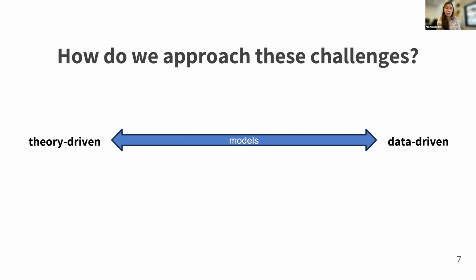In general, I would say that when you build a model to fit to your data, you can rely more on theory, which would be something like solving something purely from first principles, absolutely minimizing the amount of empirical data that goes in.